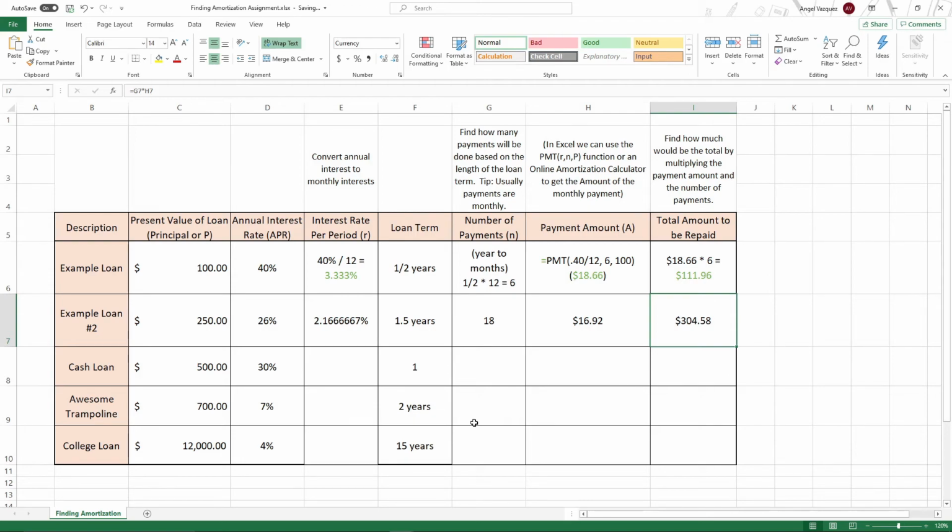How? Well, multiplying by 12. Then get the approximate monthly payment amount by using the PMT formula, and then multiply the payment amount times the number of payments, and you're good to go, and this assignment is done.